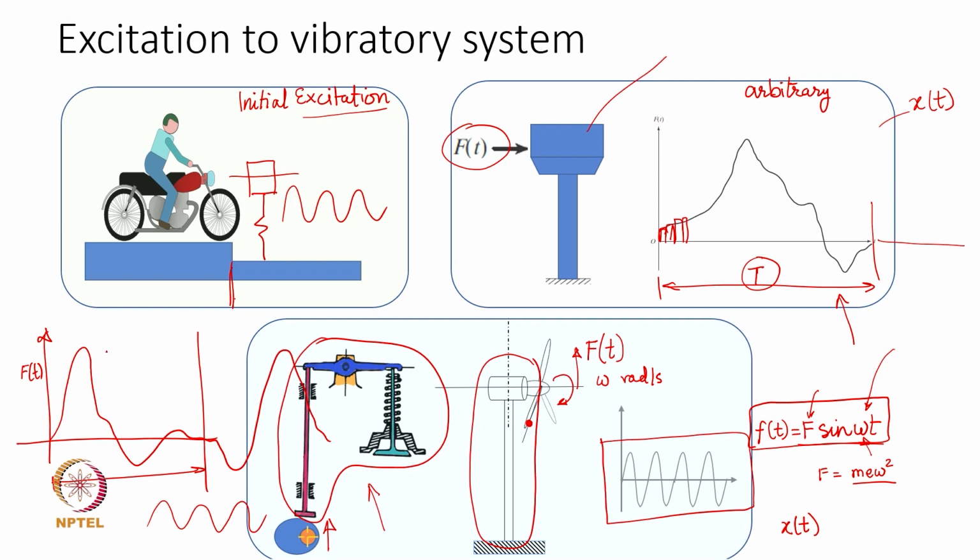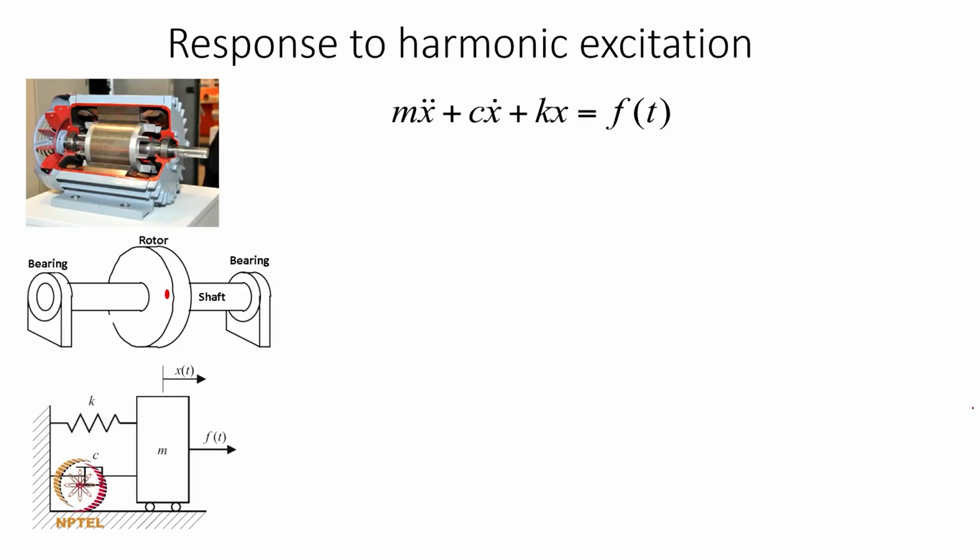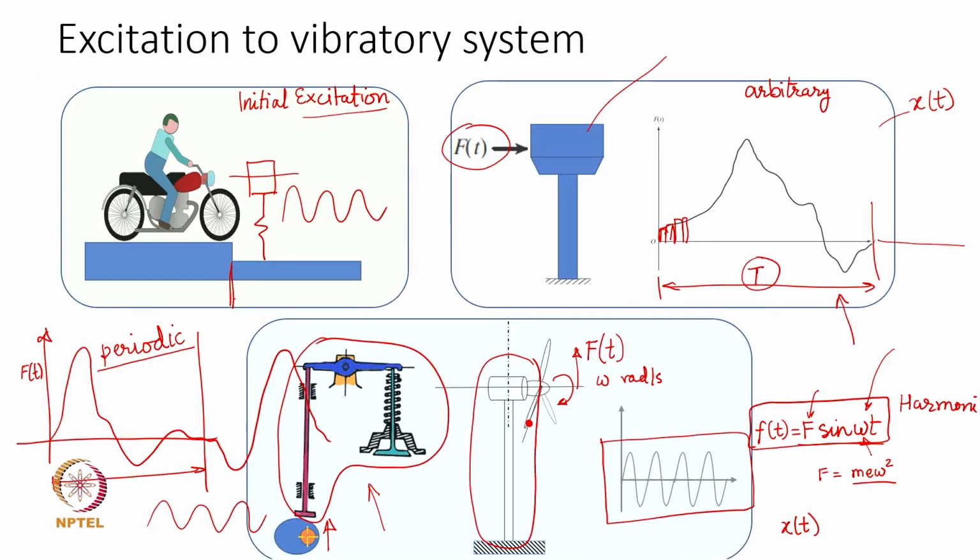This type of excitation, because it repeats after a certain period of time, is periodic excitation, which will be discussed once we are done with harmonic excitation, because getting the response to harmonic excitation is mathematically straightforward and simpler, and the response to periodic excitation is a natural extension.